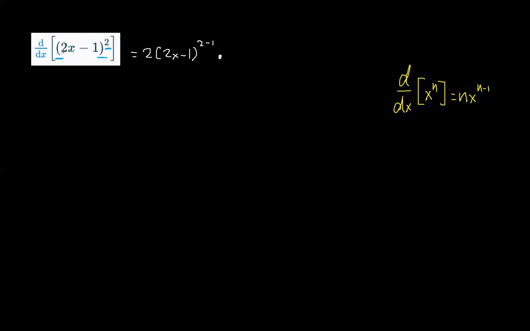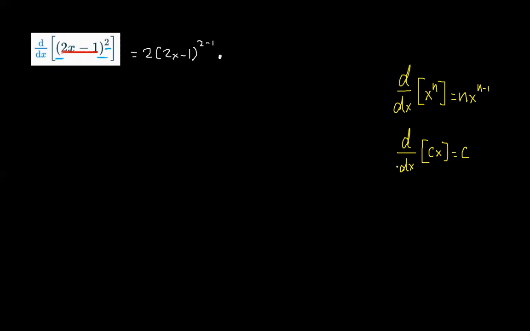We are now going to get the derivative of the inner part. The inner part here is 2x minus 1. So what is the derivative of 2x minus 1? For the 2x, you can use this method, which is the derivative of cx is equal to c.